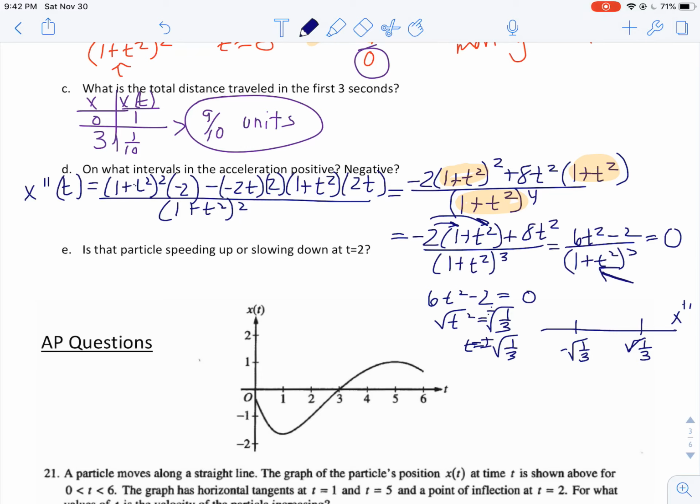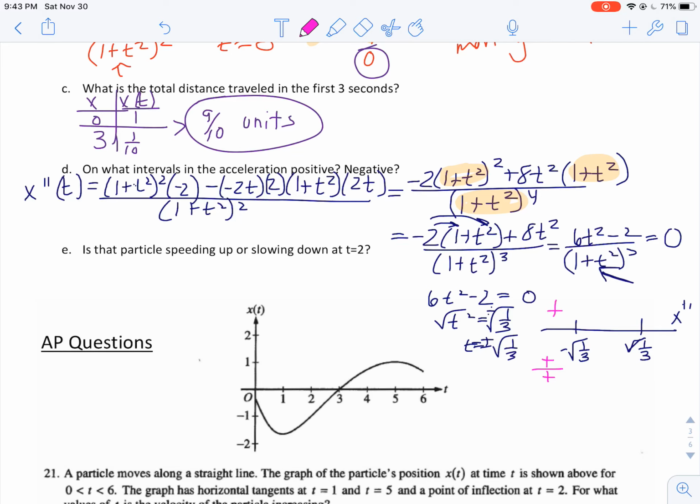Think about numbers here, think about like a large number when you're going in the negatives, what that's going to do to your numerator, what it's going to do to your denominator. So if you have a large number for your t, that's going to make your numerator positive, and your denominator is always going to be positive, because even if you have a negative number, when you're squaring it, it's going to be a positive number. So it's going to be positive over positive.